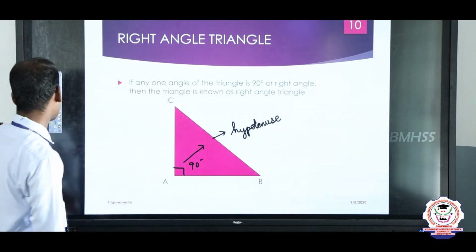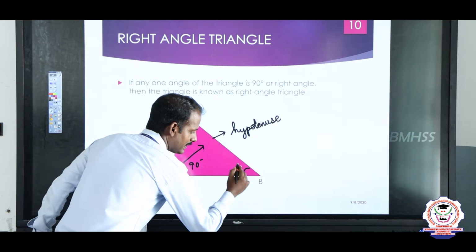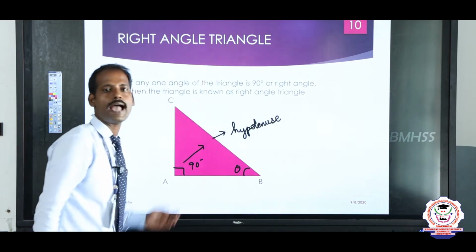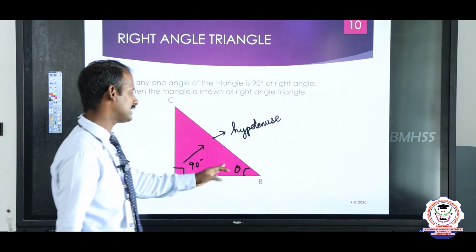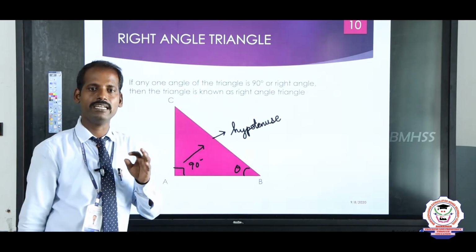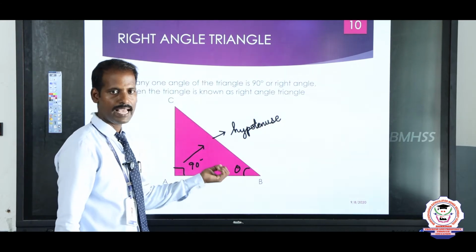The next one: here this is theta. Theta means the angle. Some examples are 30 degrees, 45 degrees and 60 degrees, some measurements of the angles.